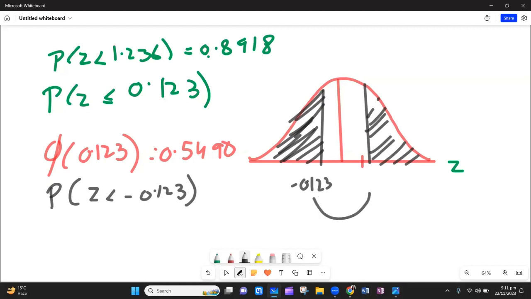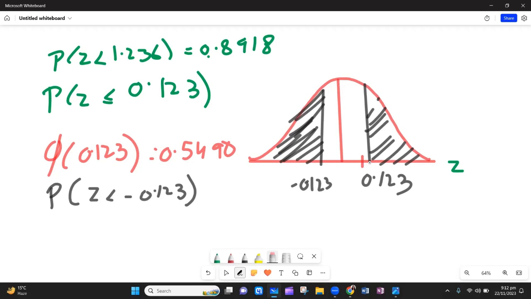And here you'll have the positive version of it, 0.123. So now we have reflected the area. The area is not going to change. So now we have a positive value instead of a negative value, 0.123.